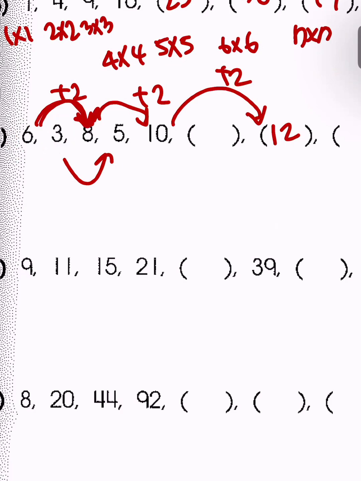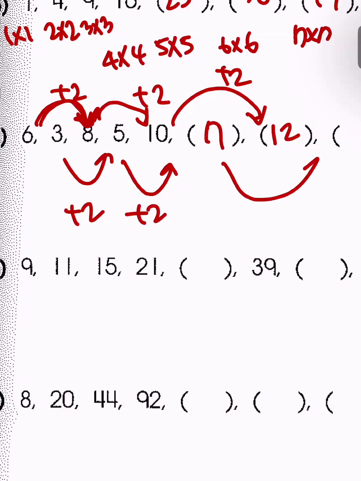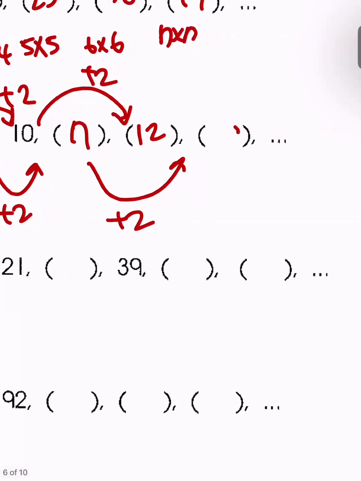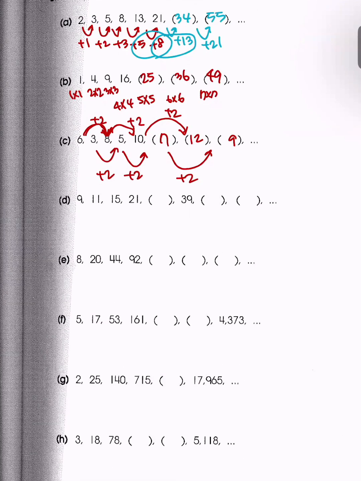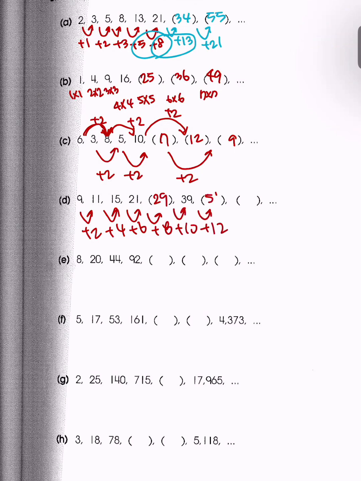For the even terms, we also add 2. So we're going to have 7 and 9. Now for sequence D, we're adding 2, 4, 6. So we're going to add 8, add 10, add 12, and then we're going to add 14.